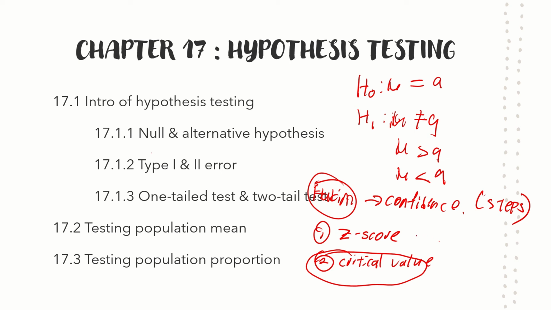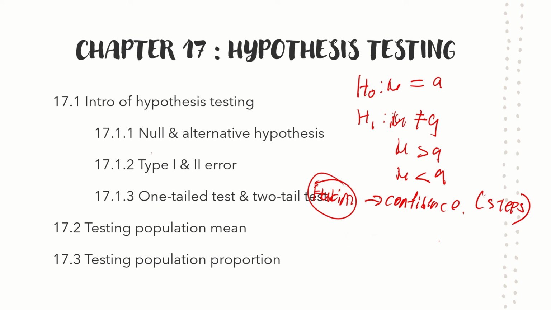So better you do according to the steps, and you will get full marks. This chapter is very easy. If you already master the steps needed, totally you will score this chapter.